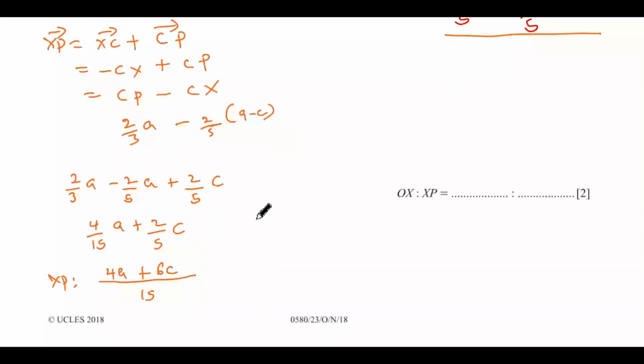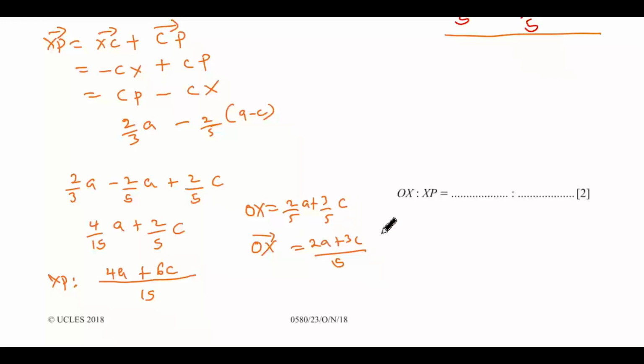So OX is equal to 2 over 5 A plus 3 over 5 C. Since they have the same denominator, you can rewrite it as OX equals 2A plus 3C over 5.